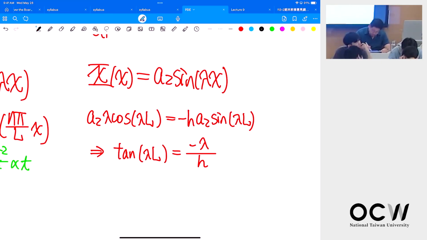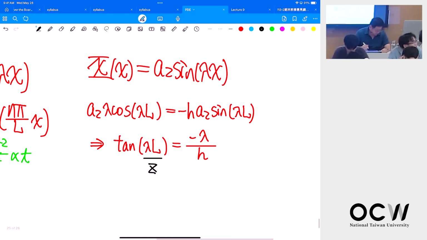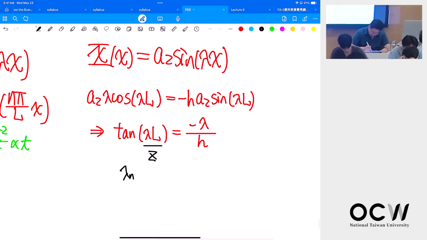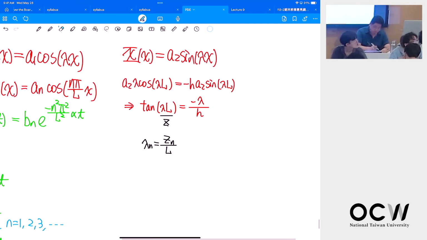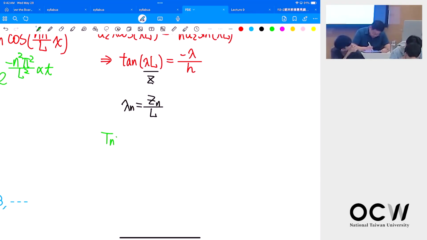And we call lambda L becomes z. So lambda n equals zn over L. Then your temperature is coefficient Bn exponential minus zn squared over L squared alpha t.